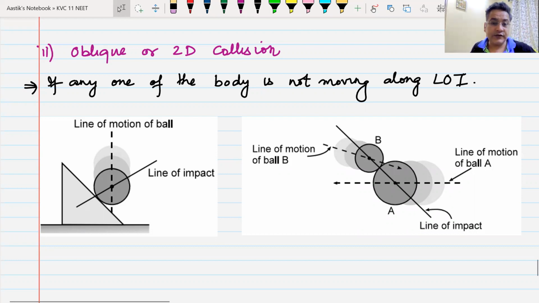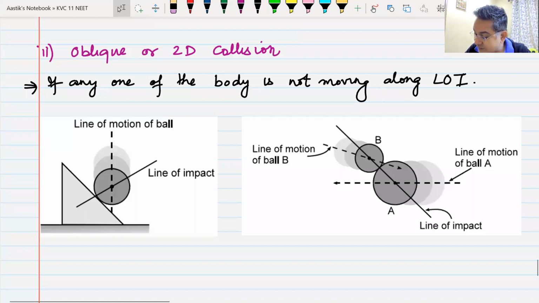If you are able to understand this, you are going to get a lot of questions based on this. Okay, we understand this, everyone? Oblique collision and head-on collision. Okay, so this was the first classification of collision on the basis of line of impact.